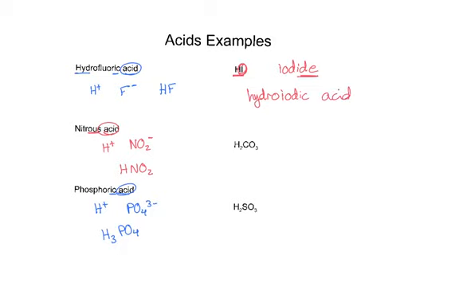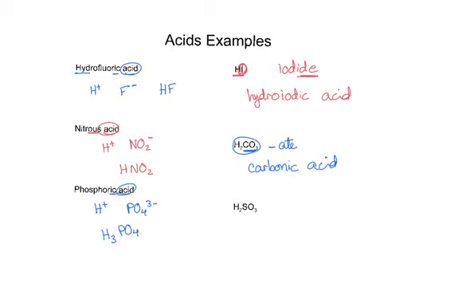Let's look at the next one. This right here is carbonate. So it becomes "ic" acid, so instead of carbonate, it would be carbonic acid. Carbonic acid is basically CO2 and water, so it's like soda.